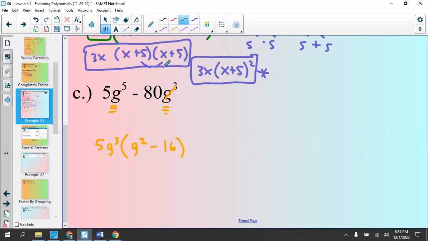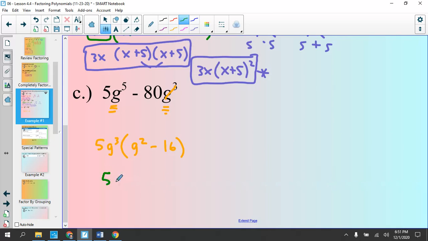So then, what's the common theme? We said we factor out to start, and then we look to see, all right, it's still a 2-termer here. What's going on? There's subtraction, that's a difference, perfect square, perfect square. We'll see this one so many times, it'll become old habit. Oh yeah, difference of squares, no problem.